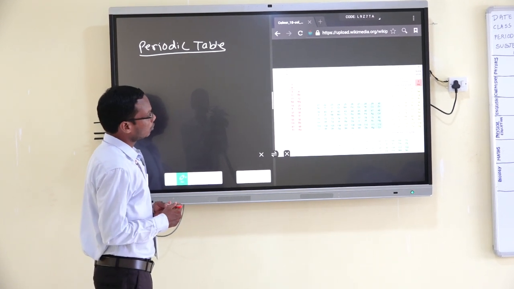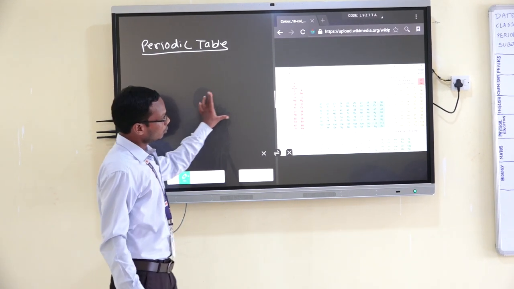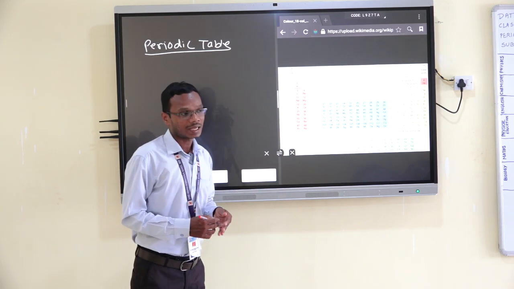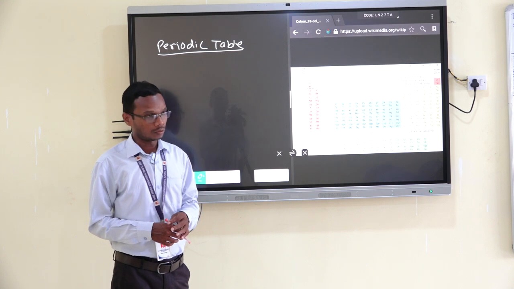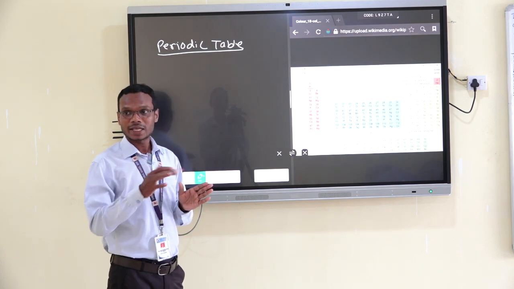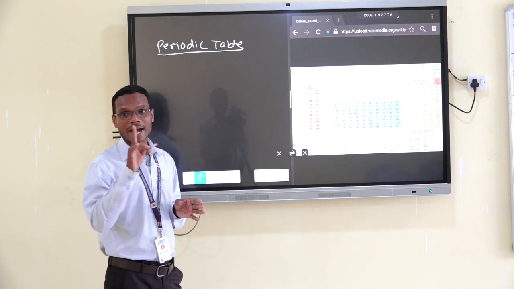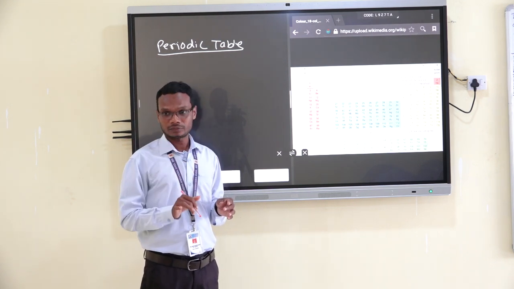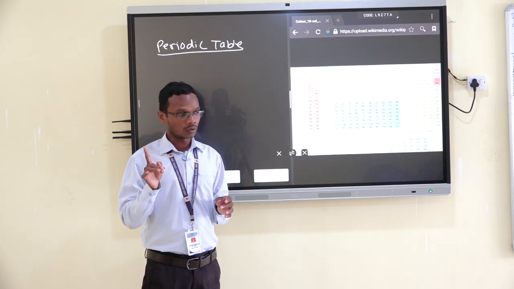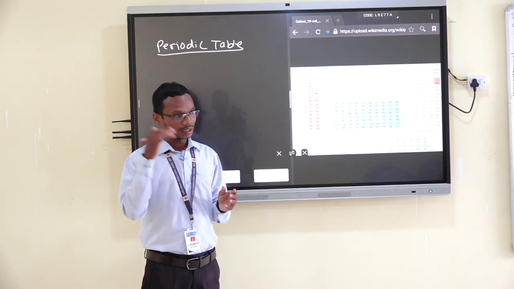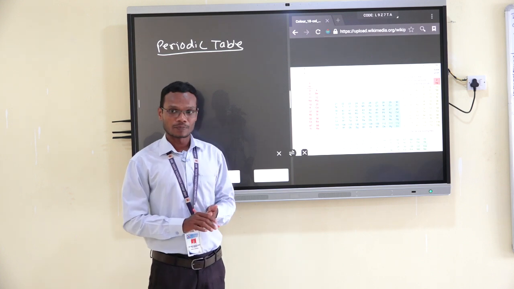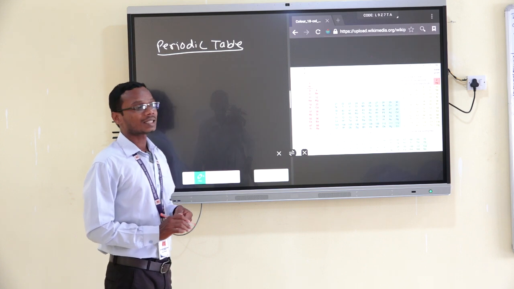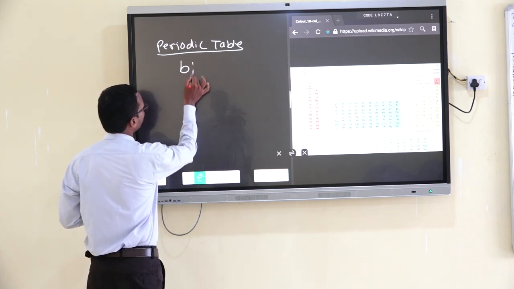In previous classes, we learned how the periodic table is classified into 7 periods and 18 columns or groups, and that the 18 groups are again classified as 16 IUPAC groups, that is IA, second IA, third IA, like this. The last one is the 0 group, the inert gases, then the hydrogen group. Already you know. Today we will discuss how the periodic table is classified into blocks.